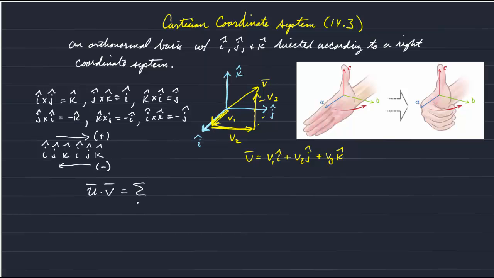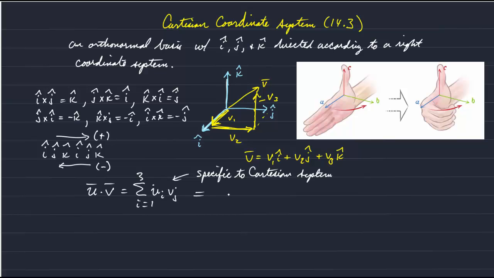Back when I first defined the vector product, for example, u times v, I described it as the sum of the products of the three components. And this is specific to the Cartesian system. If we were to use another system, we would not use this equation.